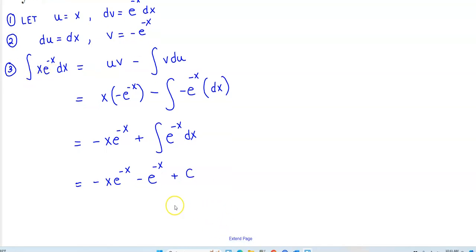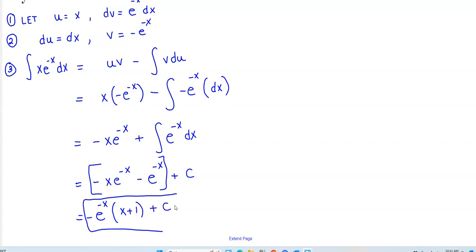And then if we wanted to, we can factor out the e to the negative x. So we would get negative e to the negative x times x plus 1 plus c would be the final result.